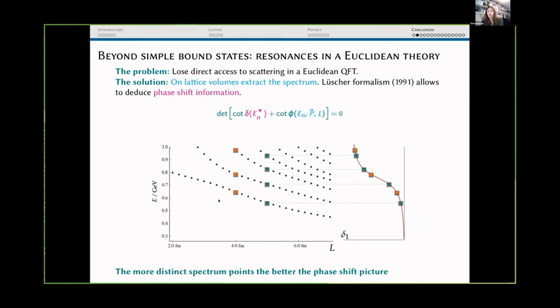Essentially, you map from a lattice calculation at different volumes L into a continuum phase shift, which obviously the more points you have in your lattice calculation, the better you map out the phase shift and the resonance behavior in the continuum.